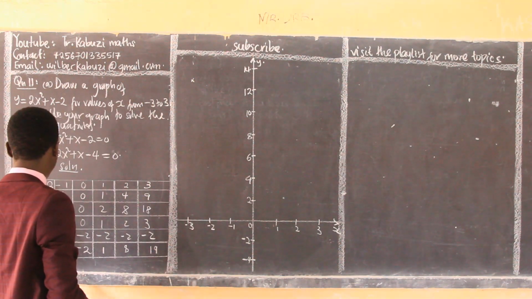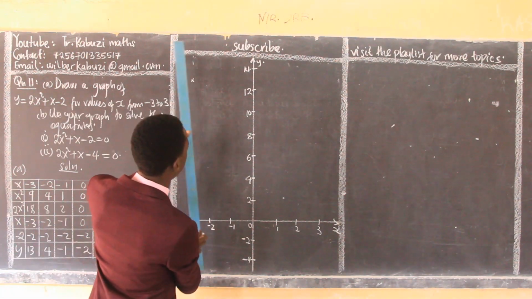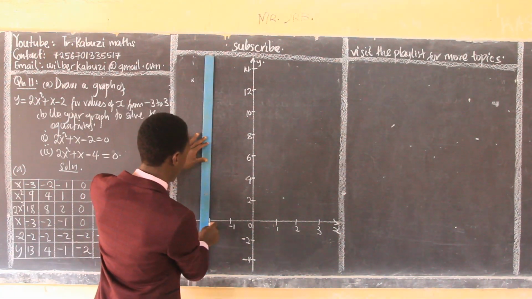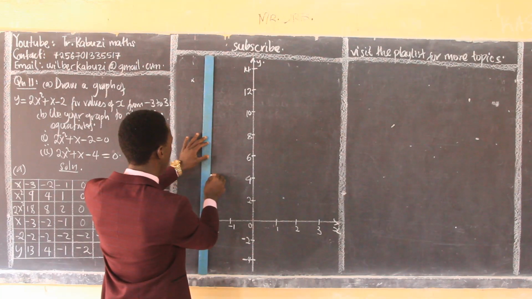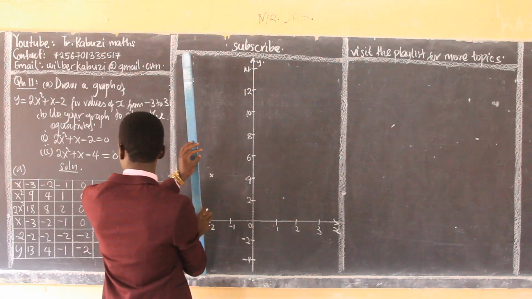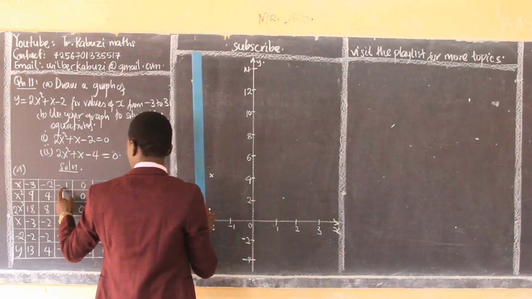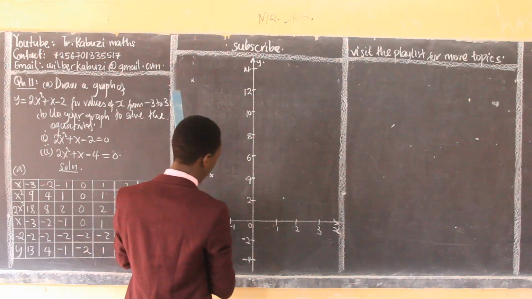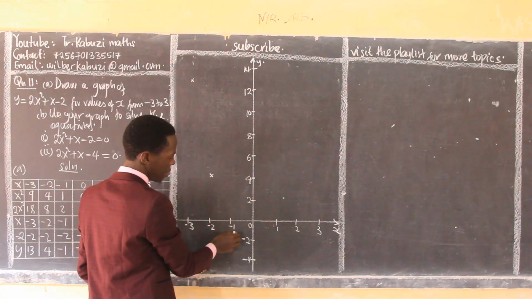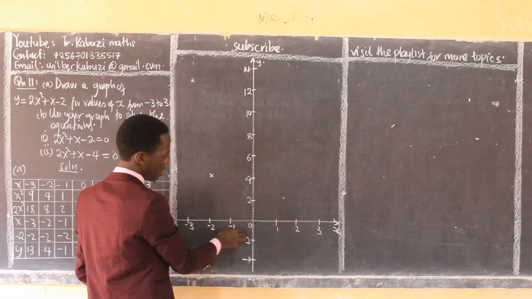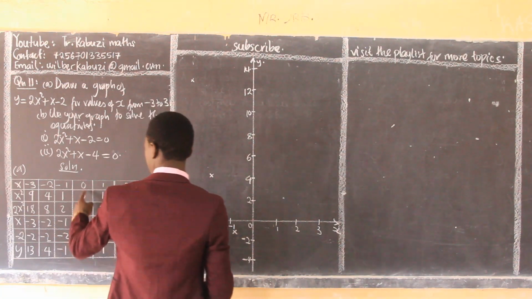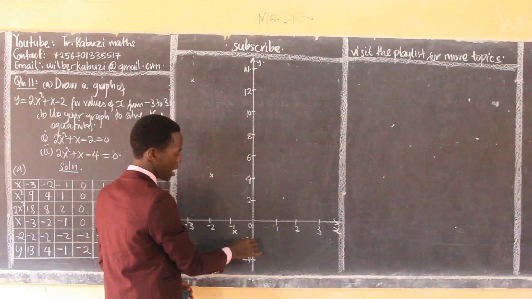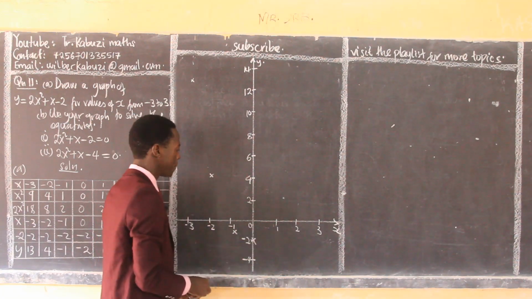Then we have -2, 4, around there. Then I have -1, -1 around there. Then I have 0, -2 around there.